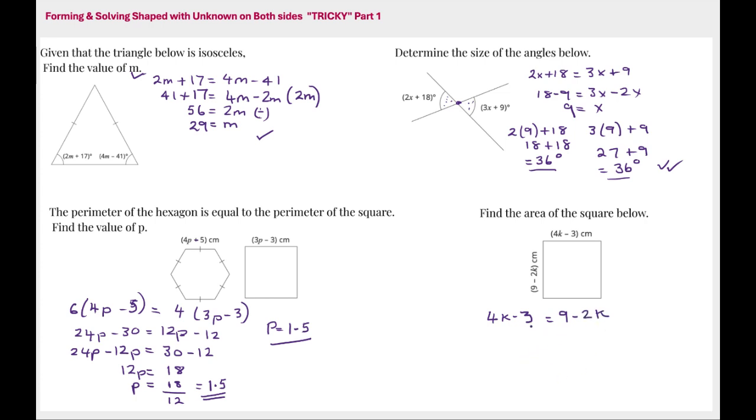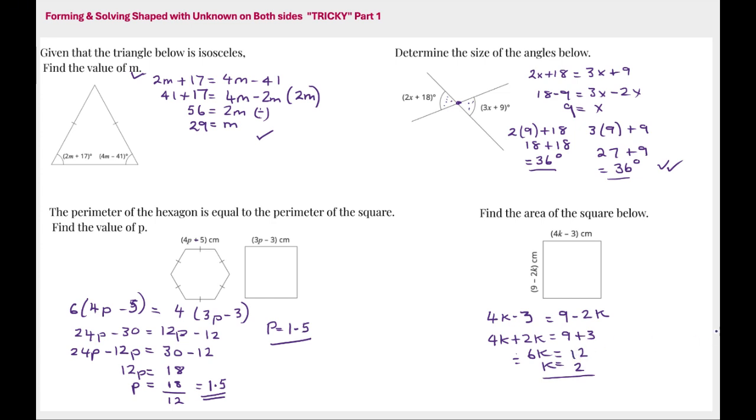So we're going to take the 2k over to the 4k. Becomes a plus. Leave the 9 where it is. Take the 3 over. It's a negative, so that becomes a plus. So we're now left with 6k equals 12. And when you divide it, k becomes 2. So we find k. k equals 2.